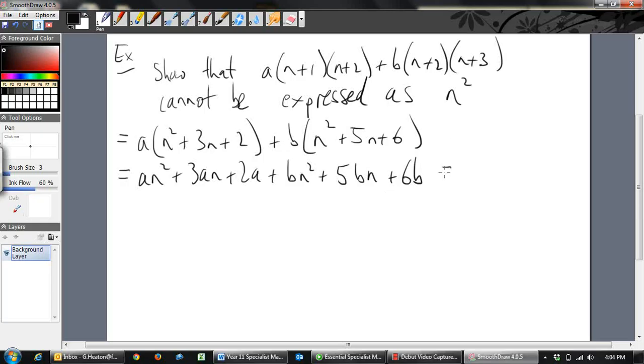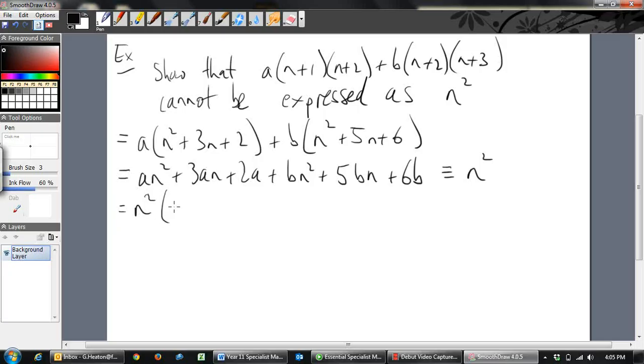At this stage we're going to say that's equivalent to n squared. Let's see what happens. Let's do the n squared terms. Our variable this time is n, not x, obviously. I'll just take out the n squareds.